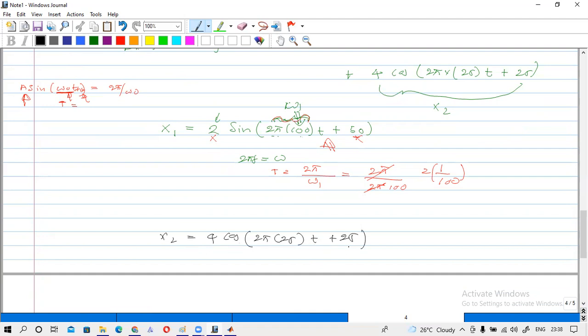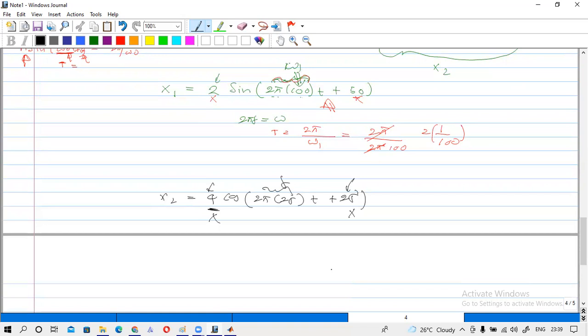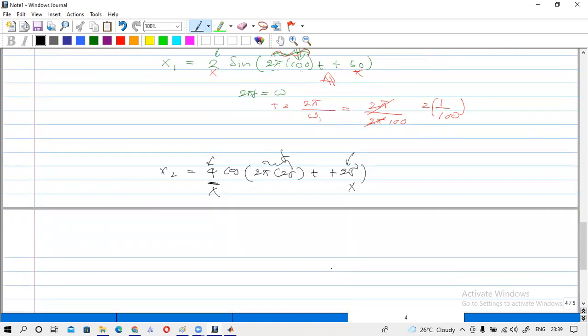Whether it is a sine or a cosine signal depends only on this phase. So you know that this is the amplitude, this is your frequency f, and this is the phase shift. This amplitude and phase will not affect the fundamental period, only this affects T.